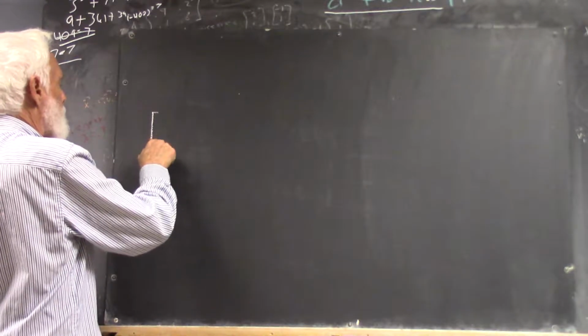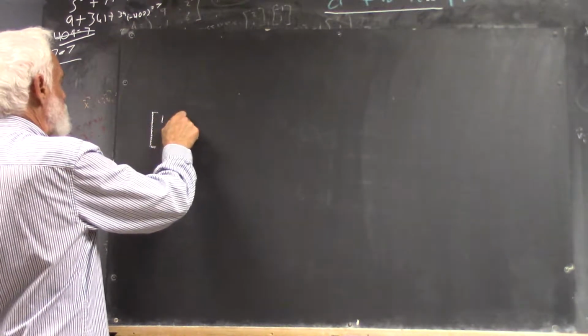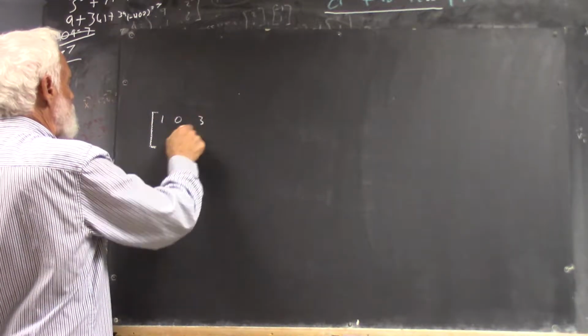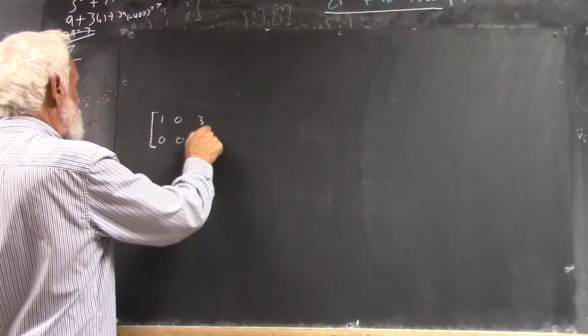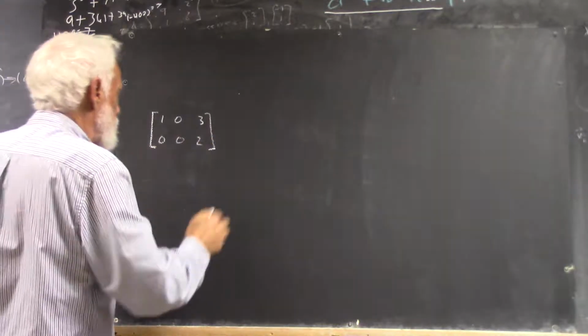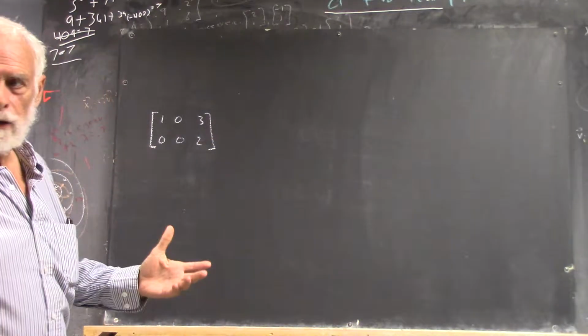So, if your reduced form is this, what does that tell you about the two lines?